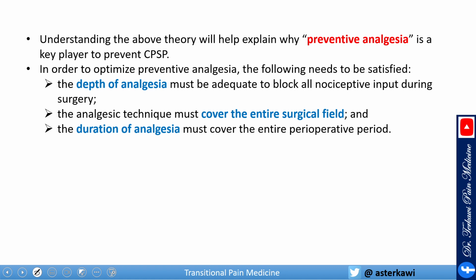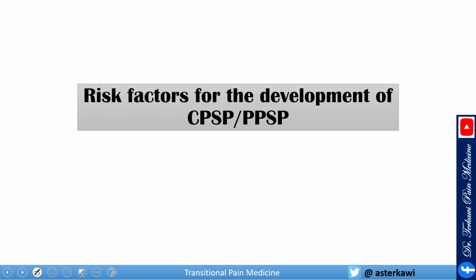So for example, anesthesiologists do a very good job in managing the pain during the surgery and in PACU. But what happens after that when the patient goes to the floor, day 1, day 2, day 3? So again, depth of analgesia, covering the entire surgical field, and the duration of analgesia. These are the three key factors for successful preventive analgesia.